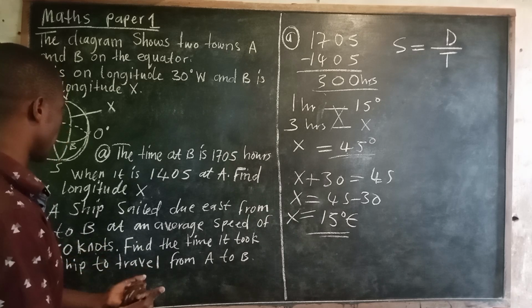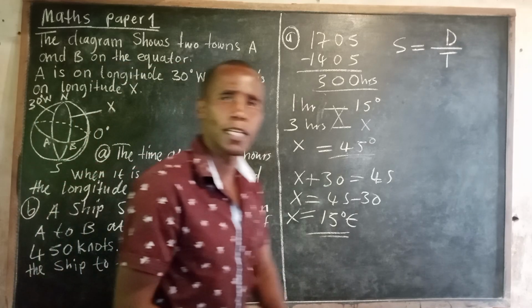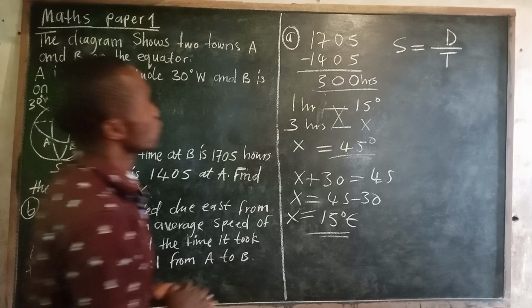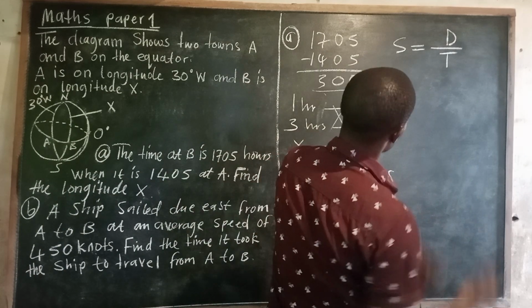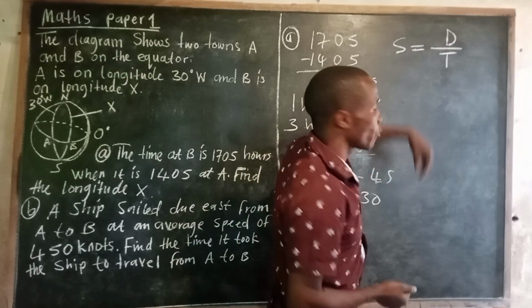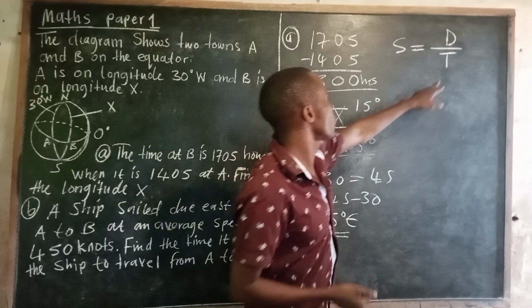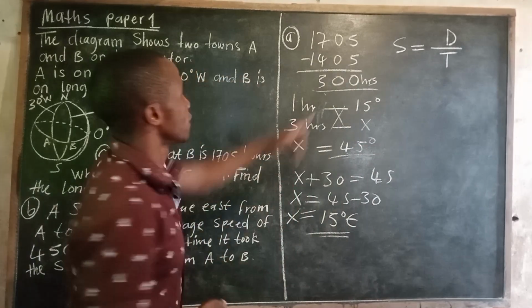How do we calculate? Remember, the moment you just see this, know that this is easy in nautical what? Miles. Okay? So now for us to calculate for distance, first of all, before we proceed, I've just introduced the formula there. But here now, we need to calculate for distance. Then thereafter, that is when we are going to calculate for time. It will be very easy for us because speed is already there.